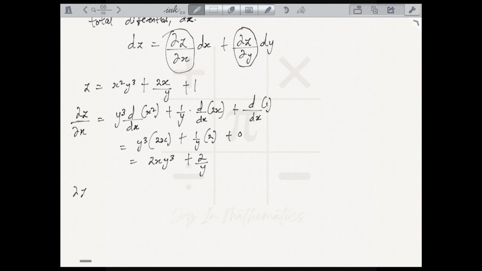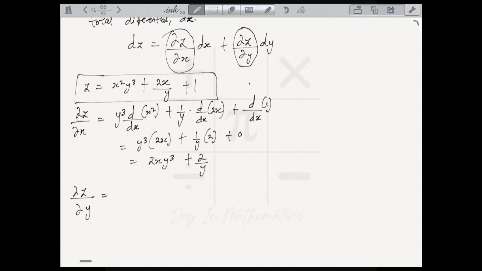Likewise, we have for dz dy. For dz dy, we are keeping x constant while differentiating.